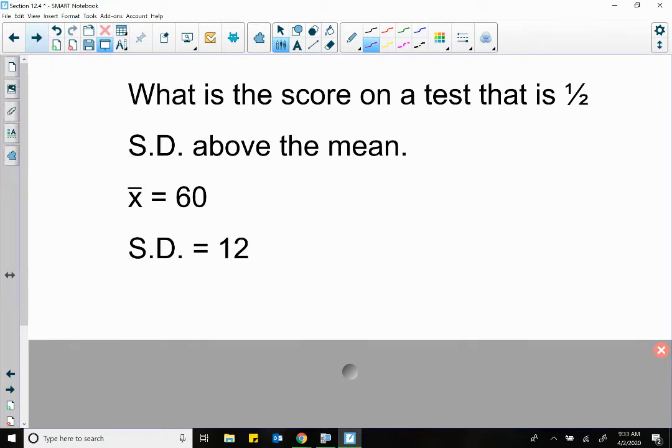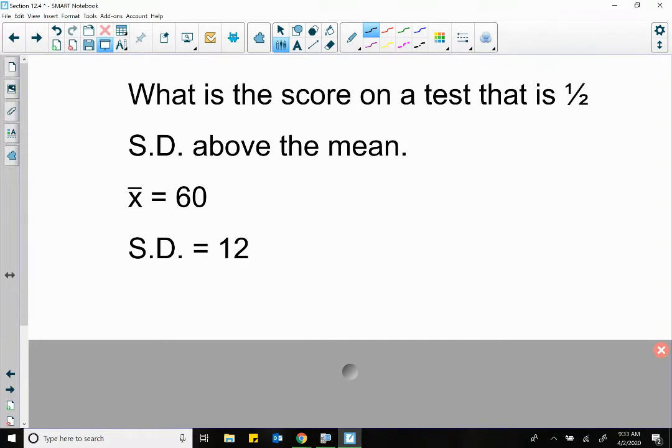All right? So it says, what is the score on a test that is half a standard deviation above a mean? Okay? So in this question, it's just having you do some little math. All right?